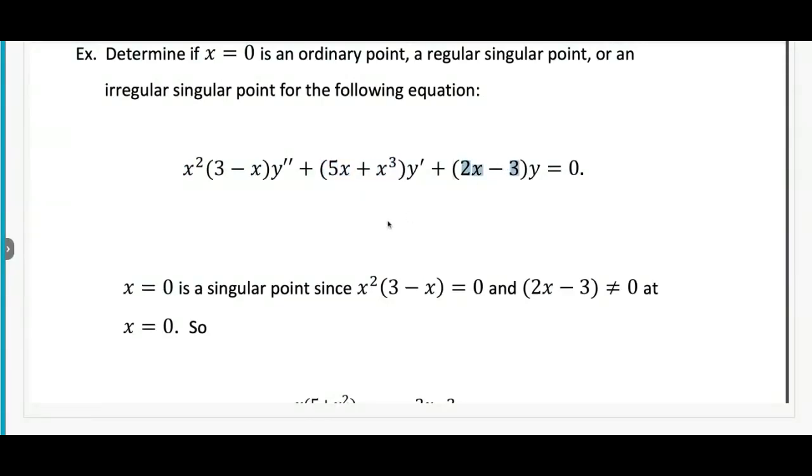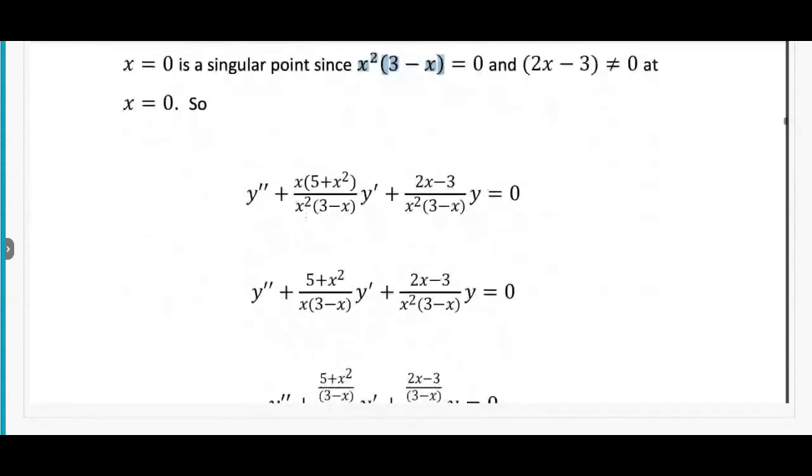Same thing for q of x. So we see 0 won't be in the domain of capital P of x, right? Because we have x squared times 3 minus x in the denominator. So this is our capital P, and capital Q.